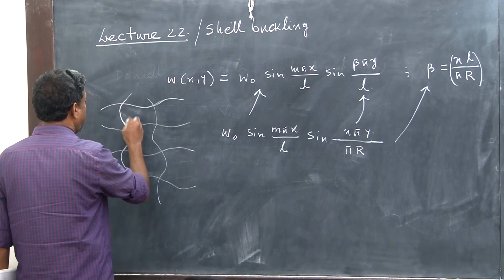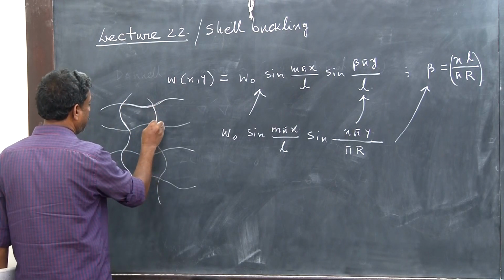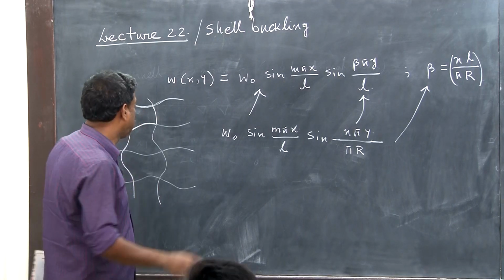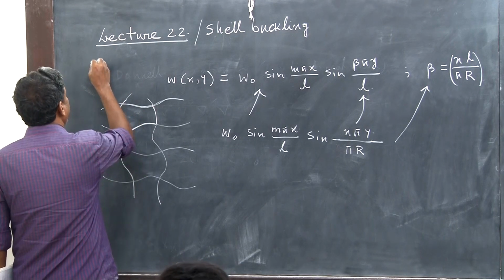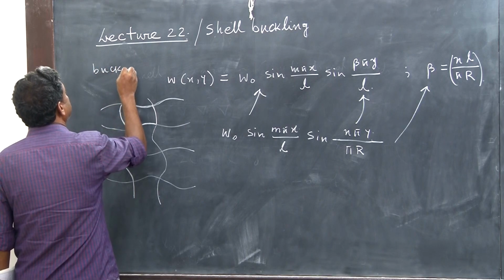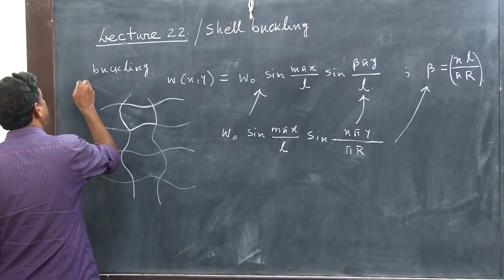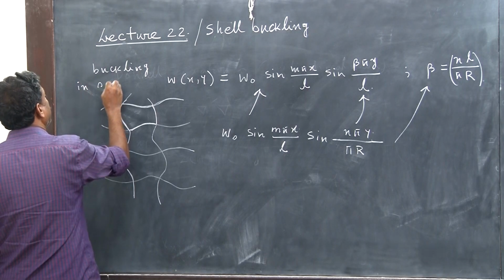So you see how this sinusoidal curve is coming. With this assumption, we fix a priori that it is buckling in a square pattern.